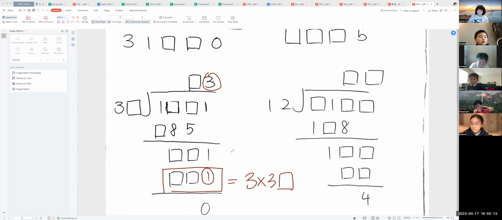Ben. Very good, 7. So 3 times 37 equals what? 37 times 3 equals 111. So here is 11. So if this number minus 111 equals 0, so this one is also 11.